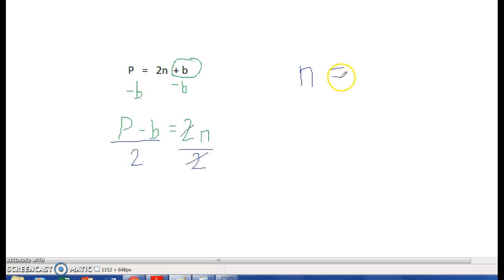And at this point it doesn't matter which way you write this. You can write it n equals, or you can write equals n, whichever one you're more comfortable with. Same thing either way. P minus b over 2. Or you could write it like this. They both mean the exact same thing.